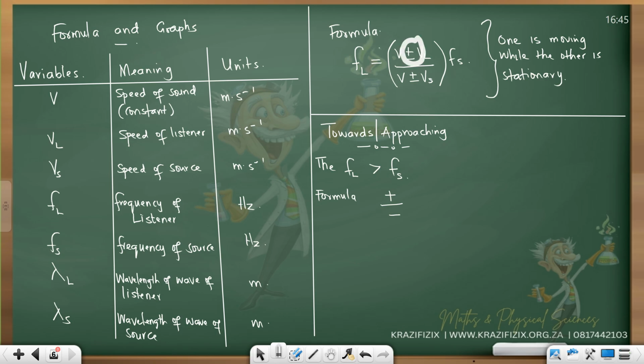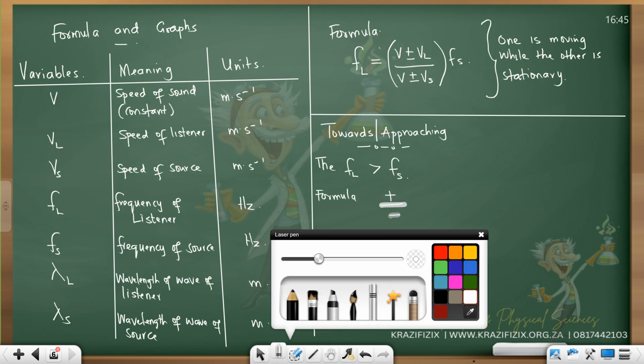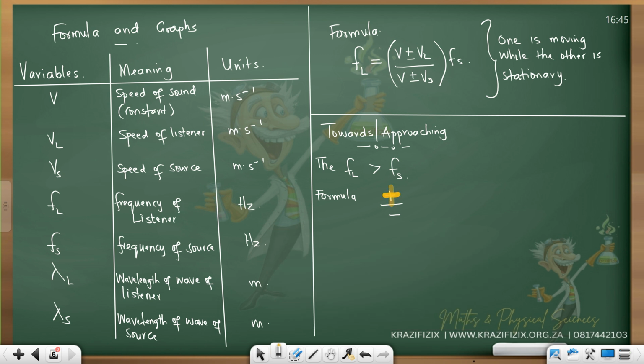So when I say towards, it means I'm starting with plus and the bottom would be minus. And I'll tell you a quick way that I use to remember this. If I want to write the word towards, I'm going to start with the letter T. Do you notice that's my towards? So I don't forget. When I see approaching or towards, I know that T means a plus. It means the top is plus and the bottom is minus.